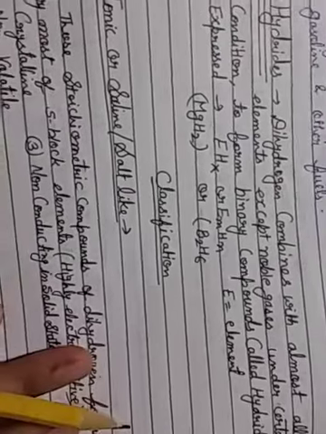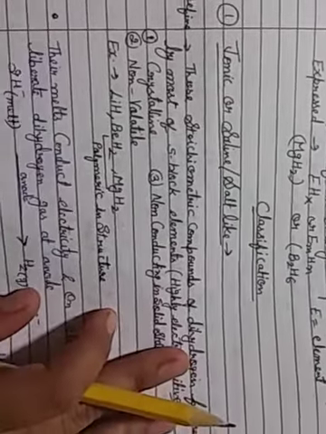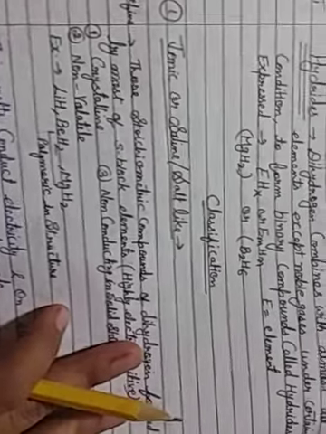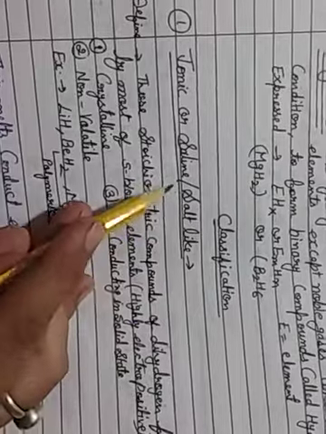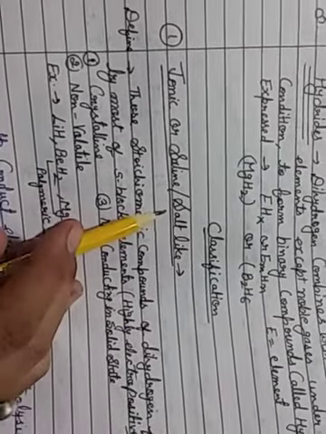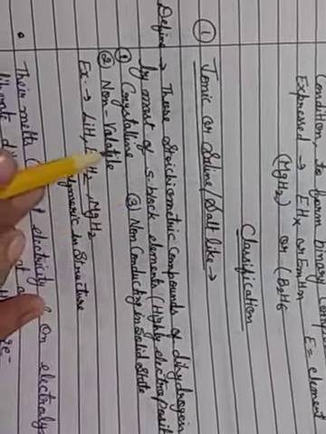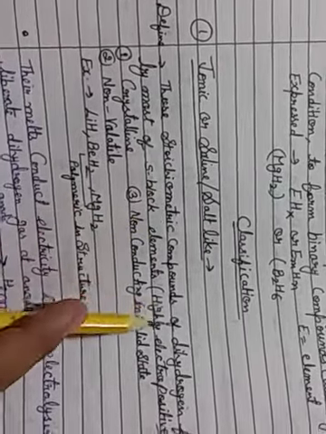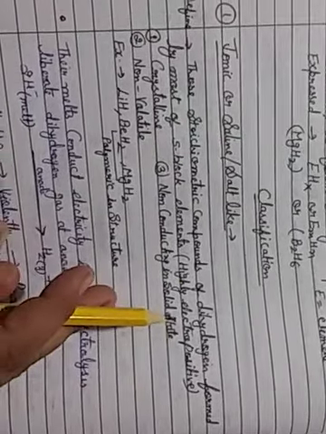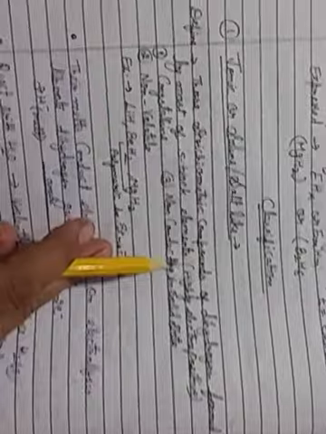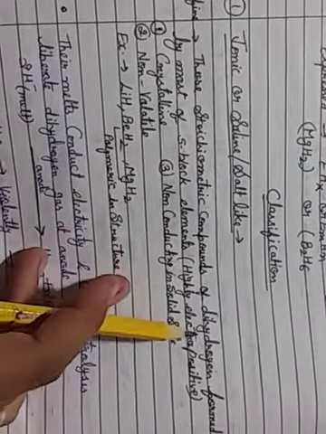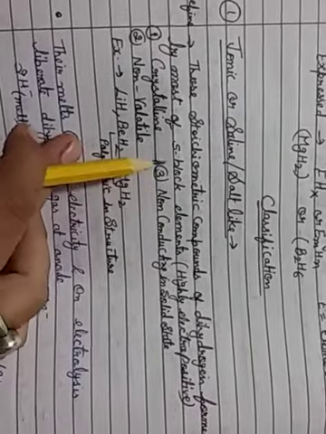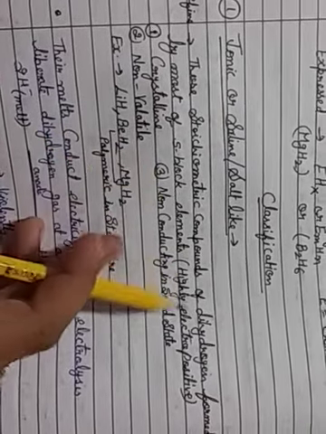Then classification of hydrides. First is ionic or saline, otherwise salt-like. These are stoichiometric compounds of dihydrogen formed by most of the s-block elements, which are highly electropositive.